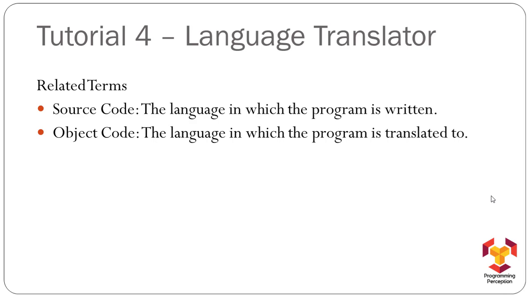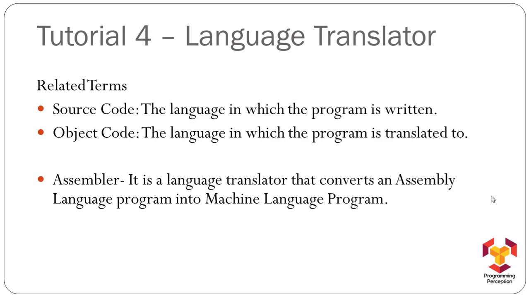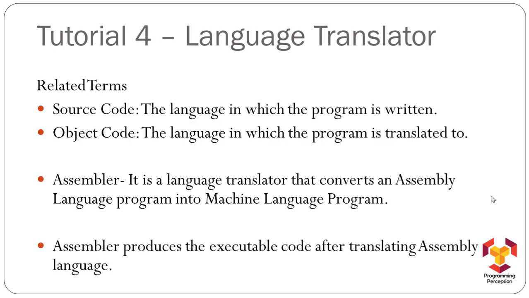Object code is the language the program is translated to, or the target language, and most of the times it is machine language. So an assembler is a language translator that converts a source code into an object code, or in other words, an assembly language program into a machine language program.